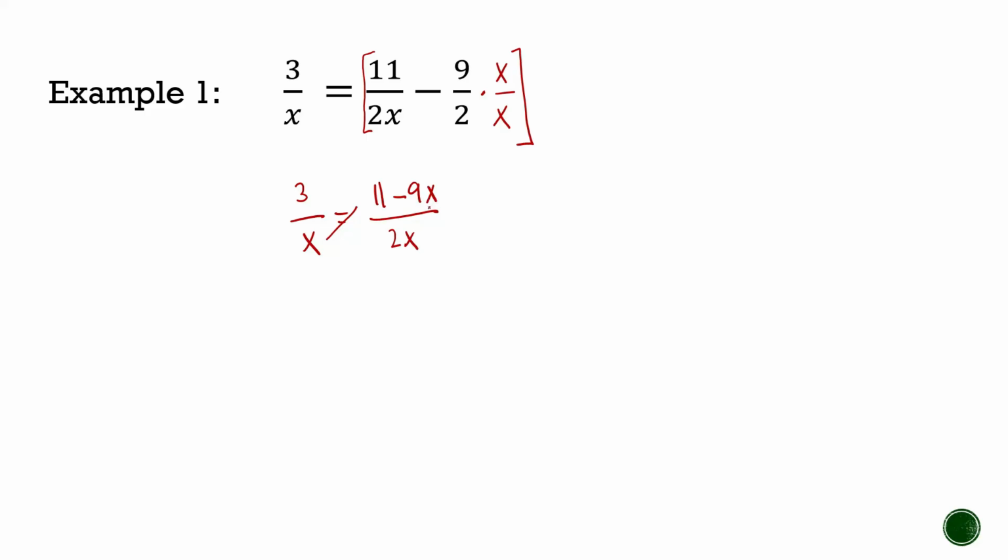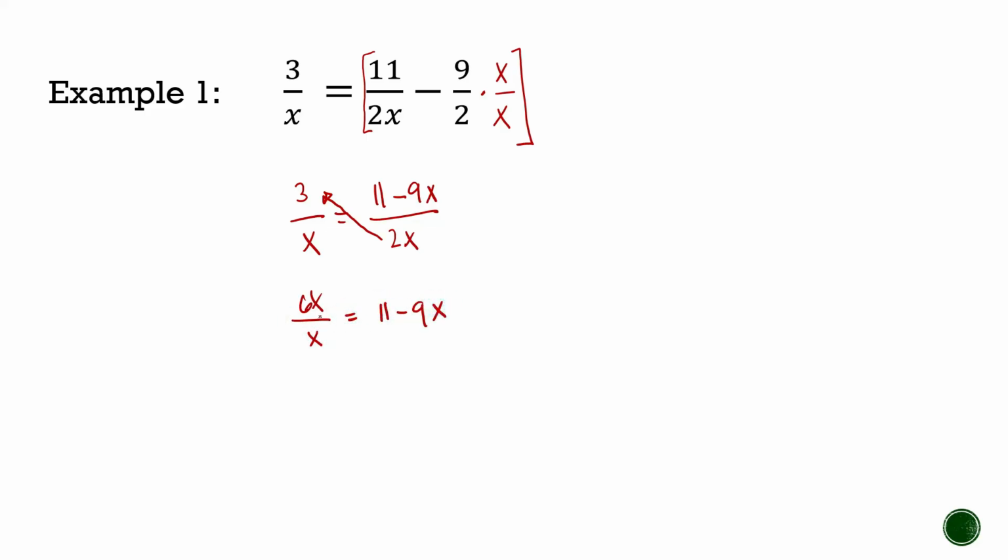In some cases you can have that, but I think here there's no need for us to have that kind of term. So what I'm going to do is I will multiply first this 2x to 3. Okay, and let's see what will happen. If I multiply that to 3, 2x times 3 is going to be 6x over x equals 11 minus 9x.